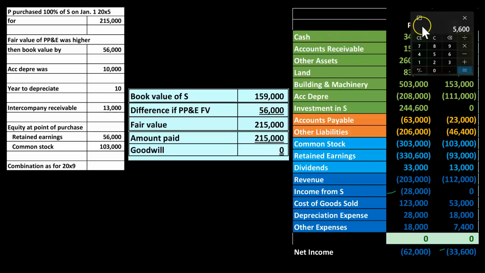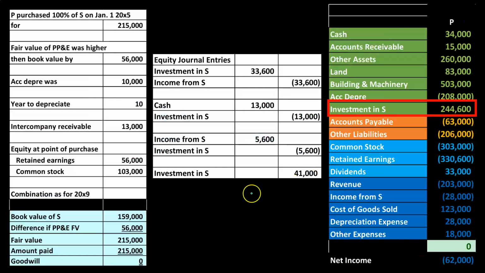We're going to say it's another $5,600 in the current year. If we take that minus the income of $33,600, that's where we're getting that $28,000. So that $28,000 is they basically recorded the equity method and then accounted for the fact that there's added depreciation. So you want to take that into consideration.